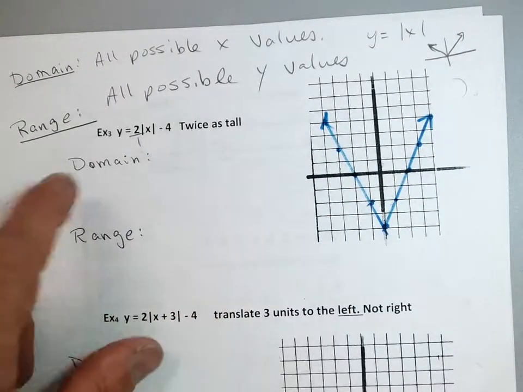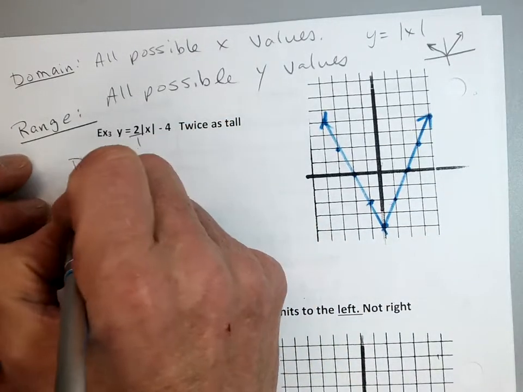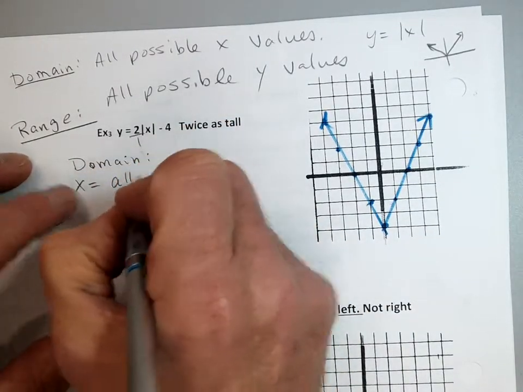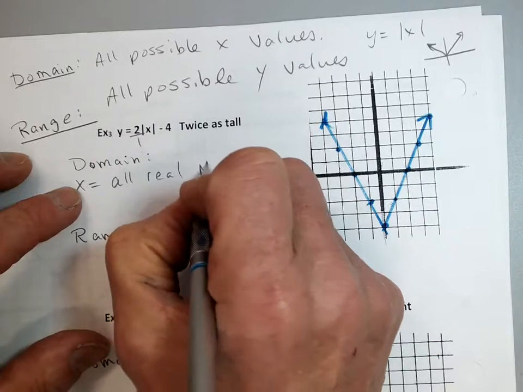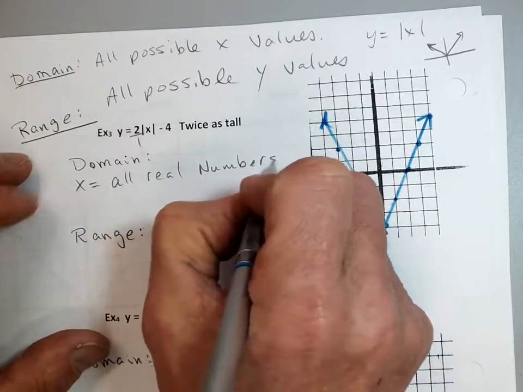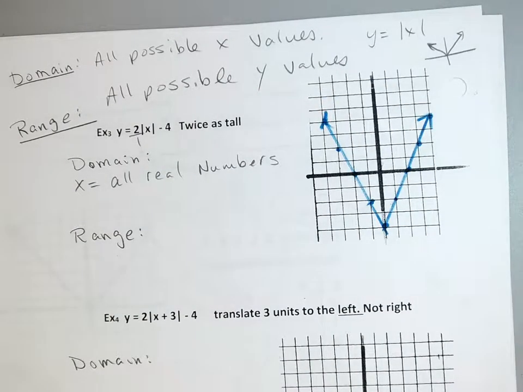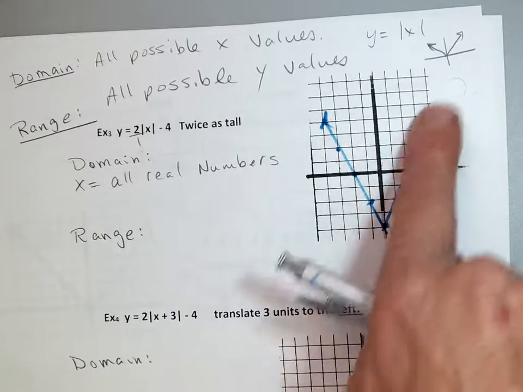So we're going to say the domain is x equals all real numbers. So any x number you can think of is going to be on that graph. 5, 100, pi even, right? 17, -10, any possible x value is on that graph. Even though it's going up, it's always moving over.